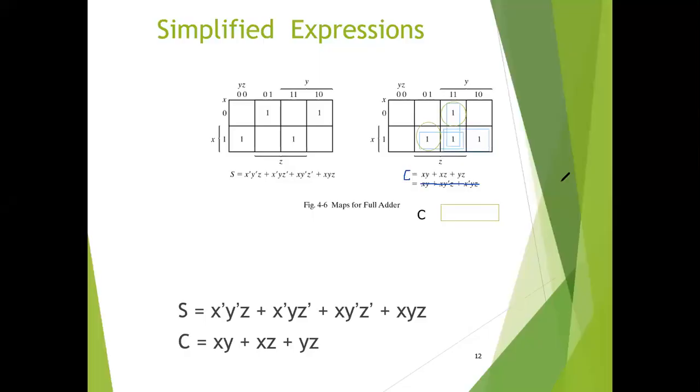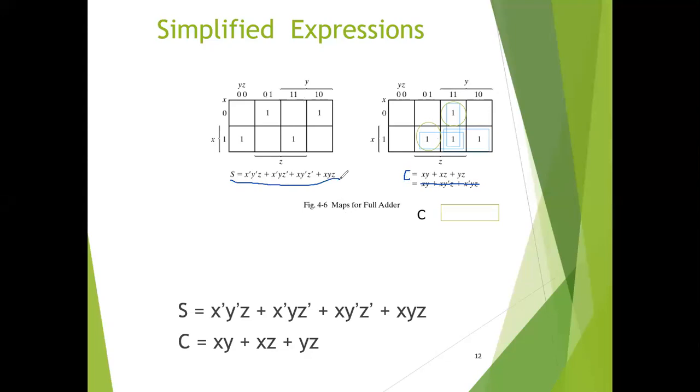From the table we draw maps for the full adder and place those ones for the given input combinations of the minterms, and from these ones we find the functions for the S output term and the C output term.